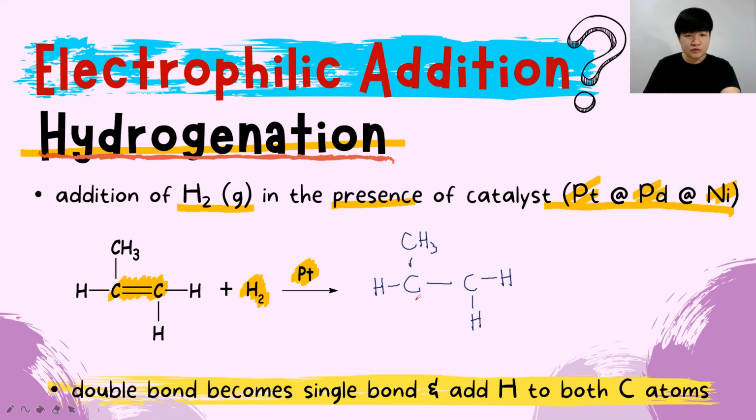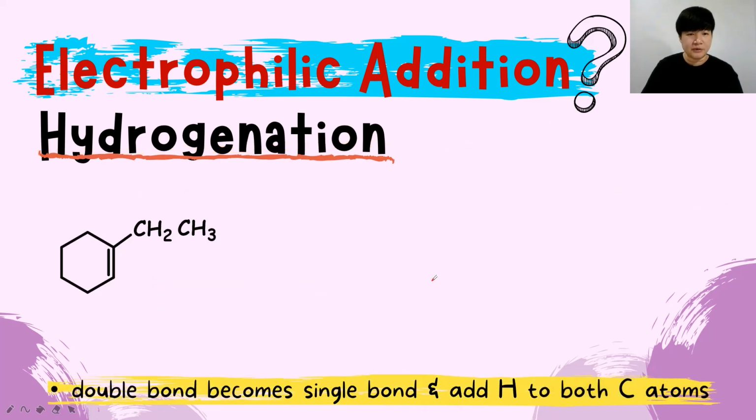And then you form 2 new bonds, one at each carbon of the double bond. And what you added in is hydrogen. Simple. Alright, and that is your hydrogenation, where you use hydrogen gas in the presence of a platinum catalyst. Easy. Let's look at another example.